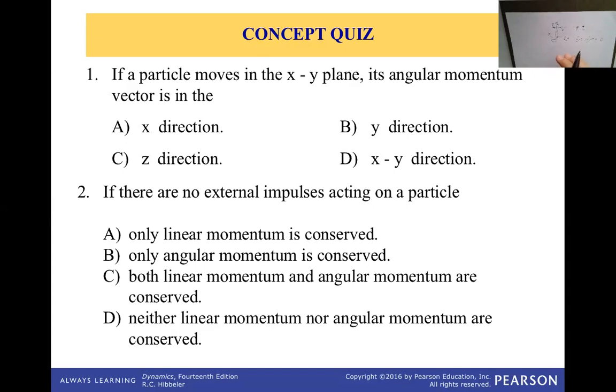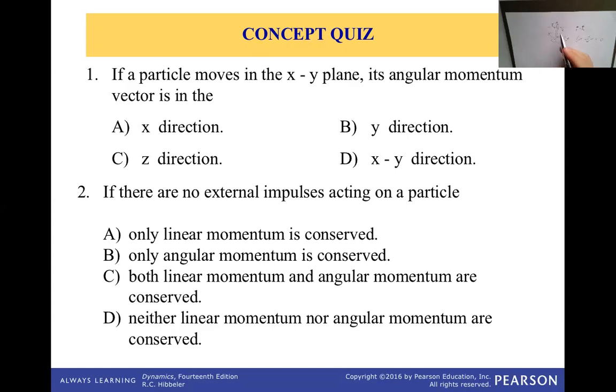But I think the wording here is a little bit tricky. It says no external impulses, and you can understand this in two ways. If it says no total impulse on a particle, then the answer should be A. But in this case, it says there are no external forces or no external impulses, so that's indicating this doesn't happen at all.